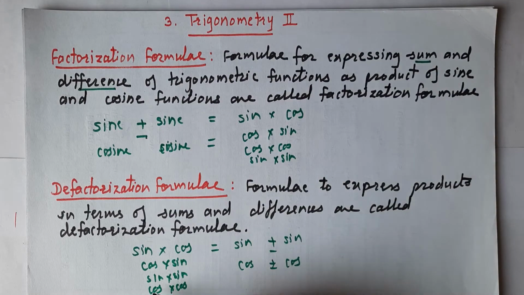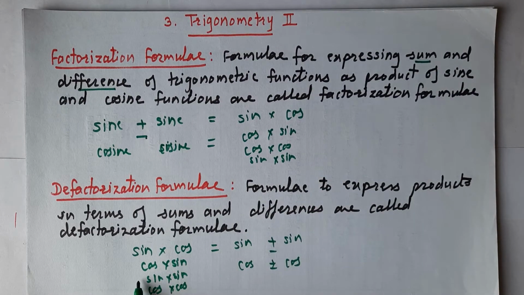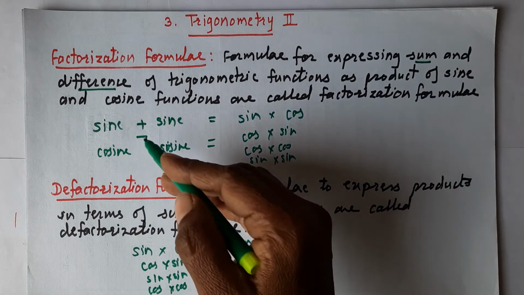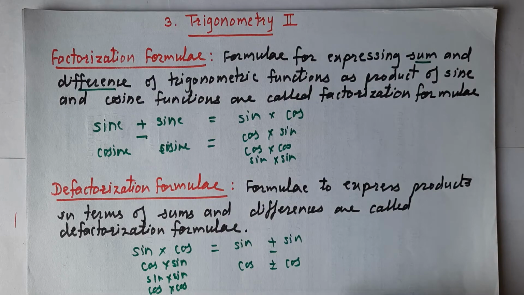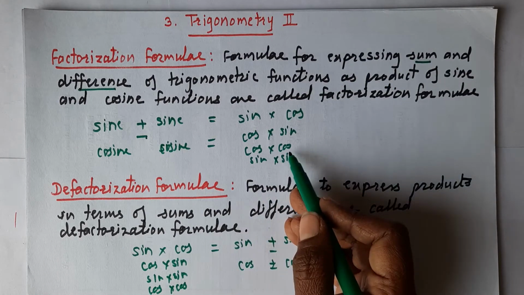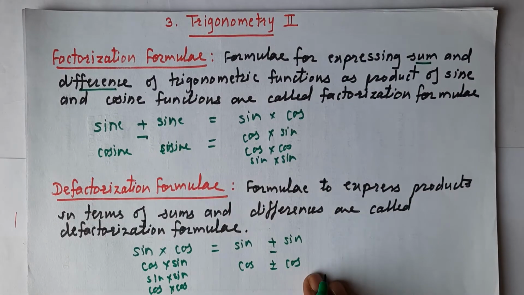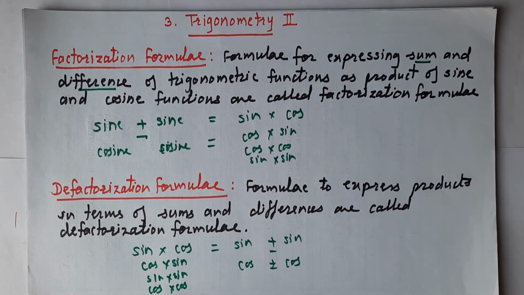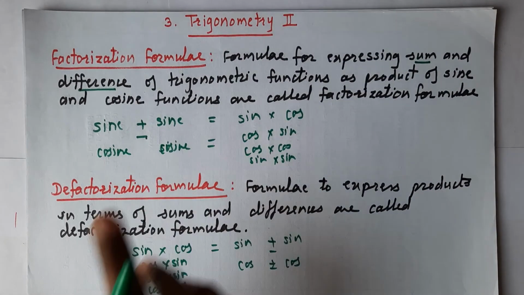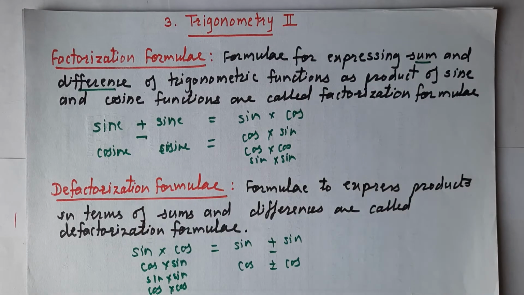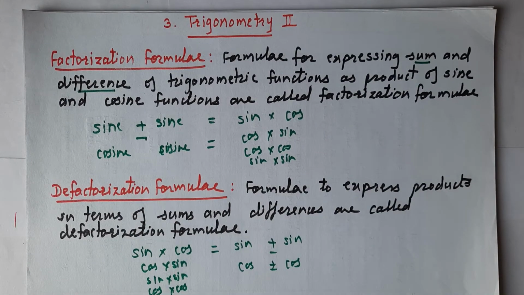Defactorization formulae is the converse of factorization formulae: to the left hand side there is a product, and to the right hand side addition or subtraction of these two functions. You only remember factorization formula, the converse of it is simply defactorization formula.